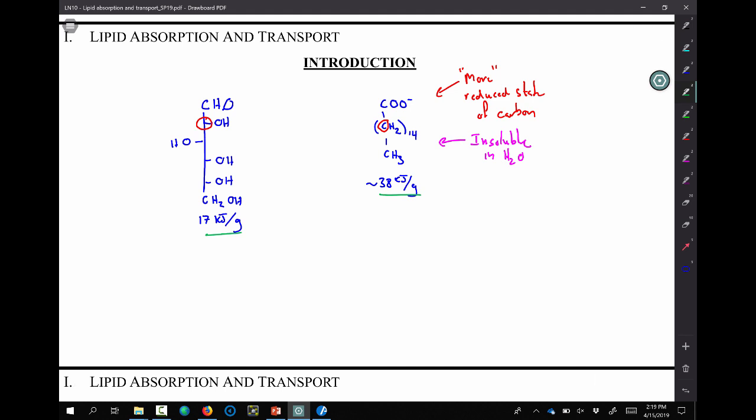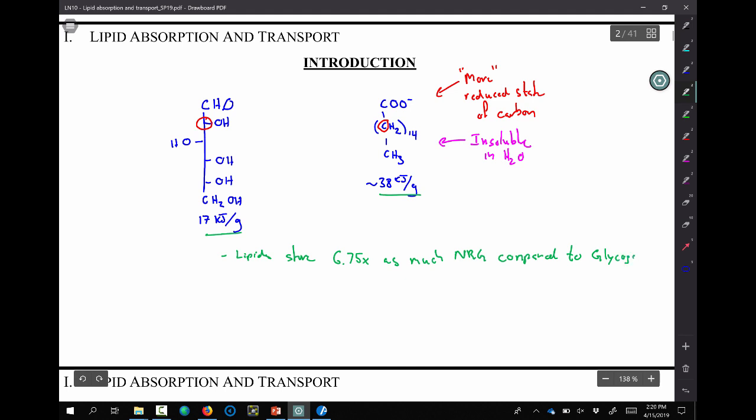But in a biological context, because water will solubilize the carbohydrate but not the lipid, lipids store 6.75 times as much energy compared to glycogen.